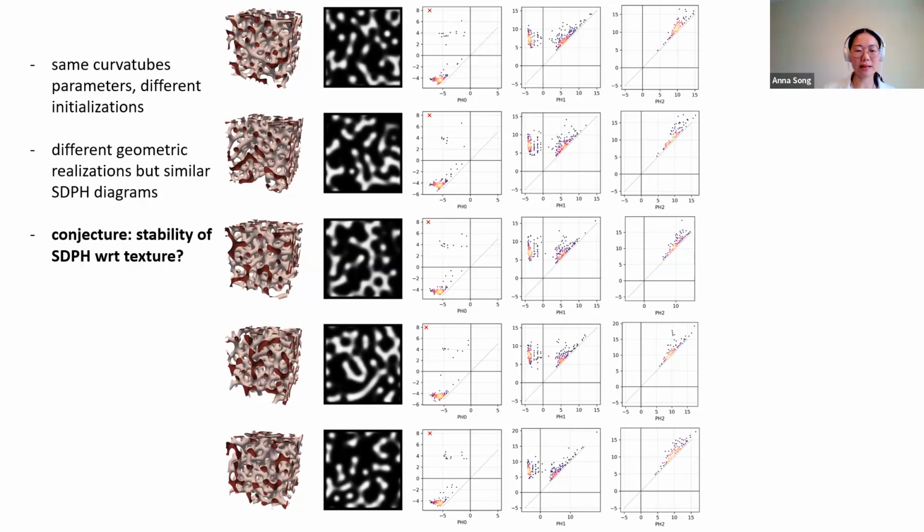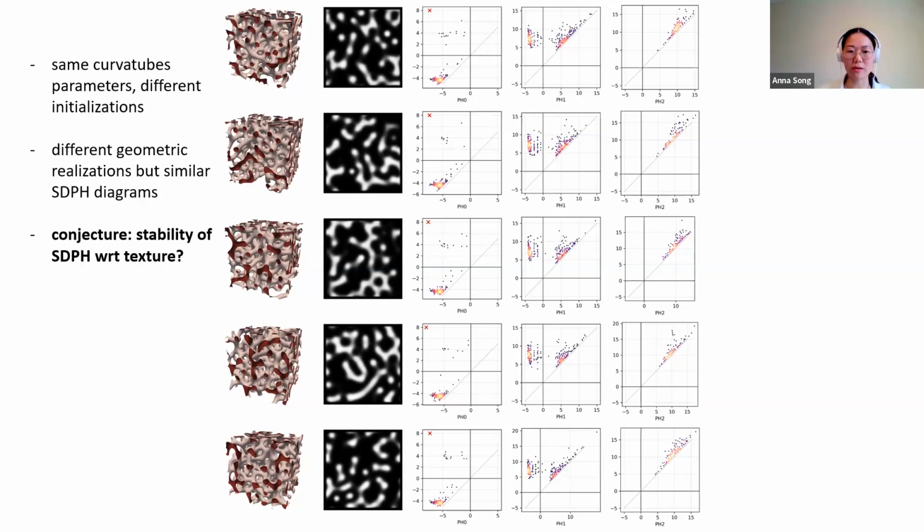Also, by slightly changing the generation parameters, we saw that the SDPH diagrams are only changing slightly as well. So we are led to conjecture a sort of stability theory, maybe for SDPH with respect to texture. The classical stability theorem in persistence says that if your 2 functions are close in infinity norm, then their diagrams should be close in terms of bottleneck distance, for instance.